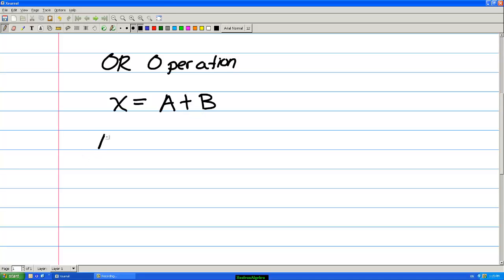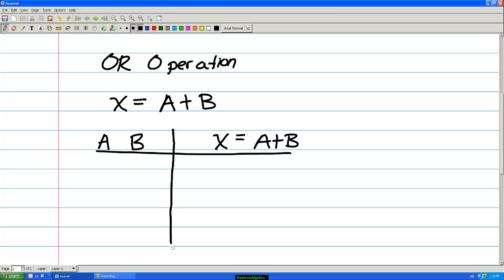So if we want to sum up OR addition, or the OR operation for A and B, say X equal to A or B, we can put that all in a table for each combination of logic level for A and B. So let's start off with 0, 0, 0, 1, 1, 0, 1, 1.